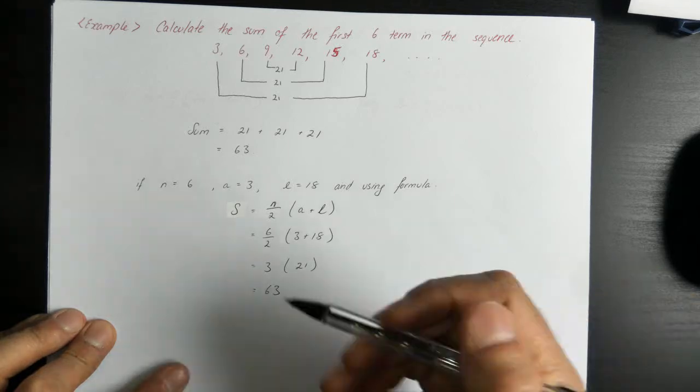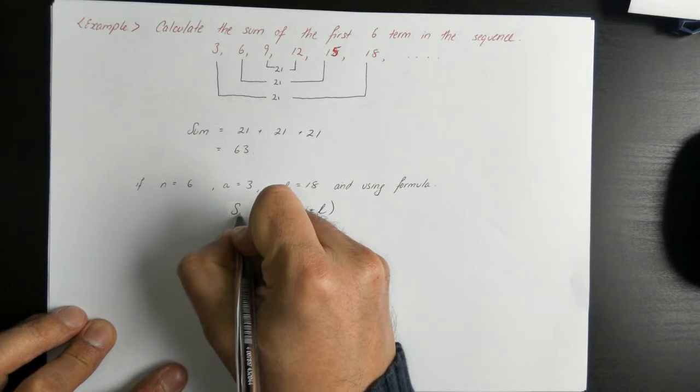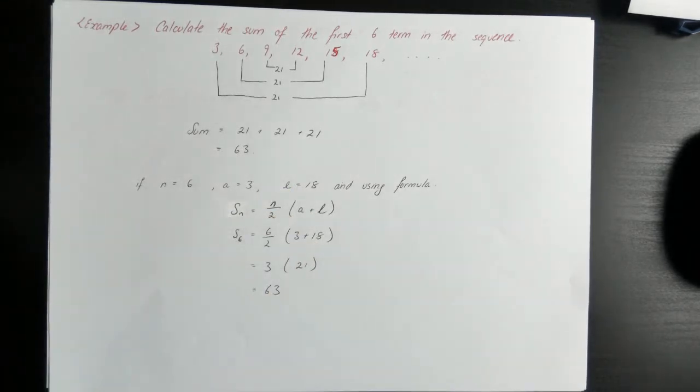Okay, so that's by using this formula. S, the sum of 6 terms, is equal to n over 2 multiplied by a plus L.